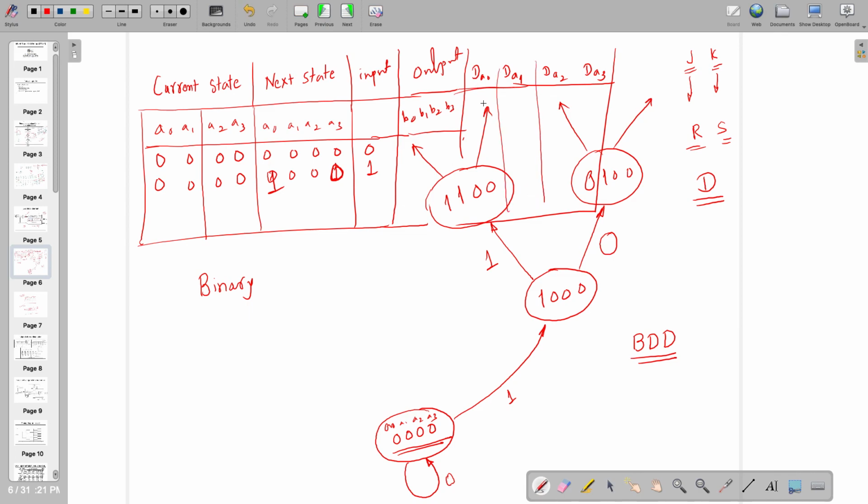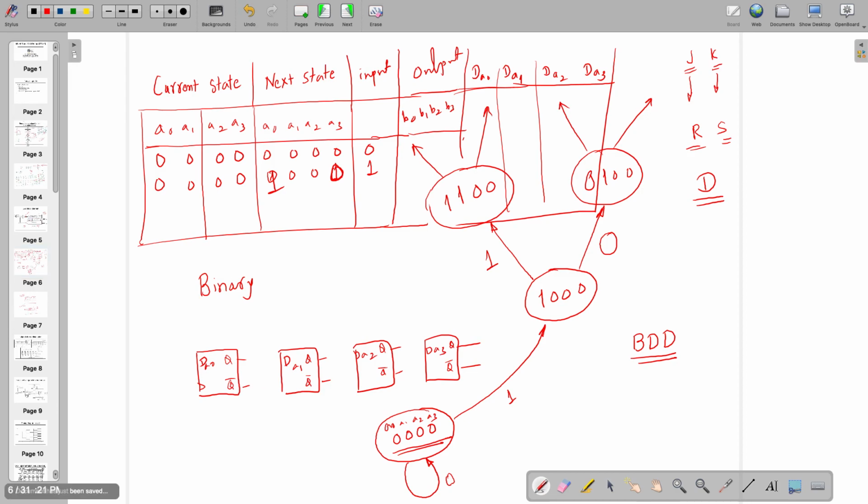Once you are done with this, DA0, DA1, DA2, DA3, you need to find out the K map. And then you can draw using flip flops, because for 4 inputs, you will have 4 D flip flops, which you are going to call DA0, DA1, DA2, and DA3, which will have Q, Q bar, Q, Q bar, Q, Q bar, Q, Q bar, and all.